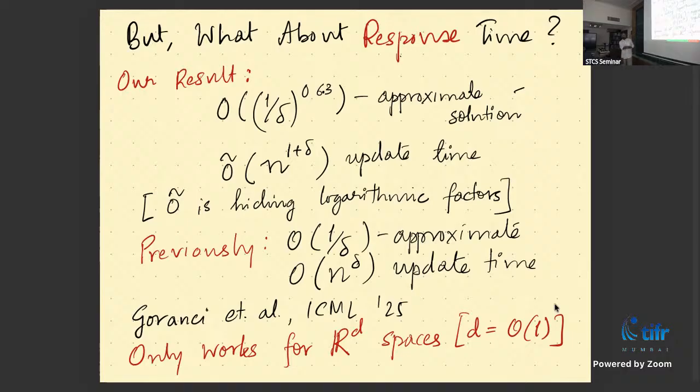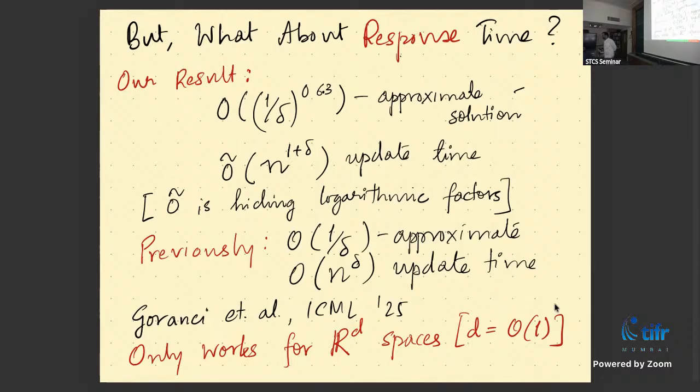Okay, and here they in fact have a stronger result than ours, right? Because the update time now is really sublinear in the number of vertices, not only the number of edges. So our result is n to the 1 plus delta, whereas theirs is n to the delta. Approximation ratio is kind of comparable. So 1 plus delta approximation? 1 over delta. 1 over delta approximation.